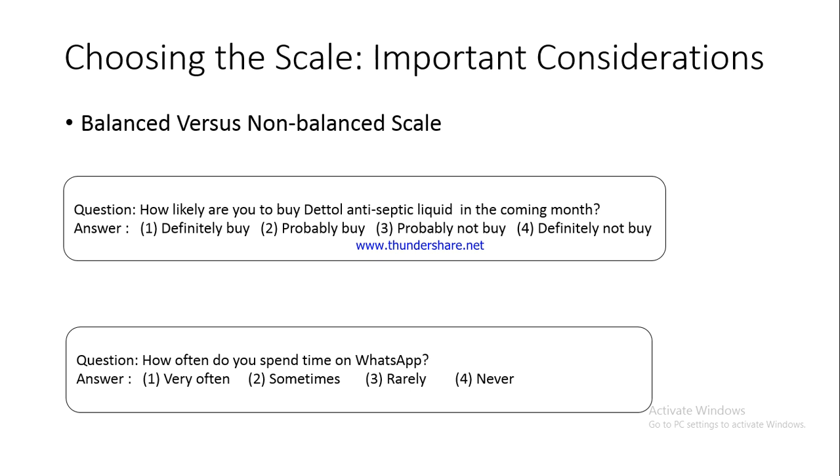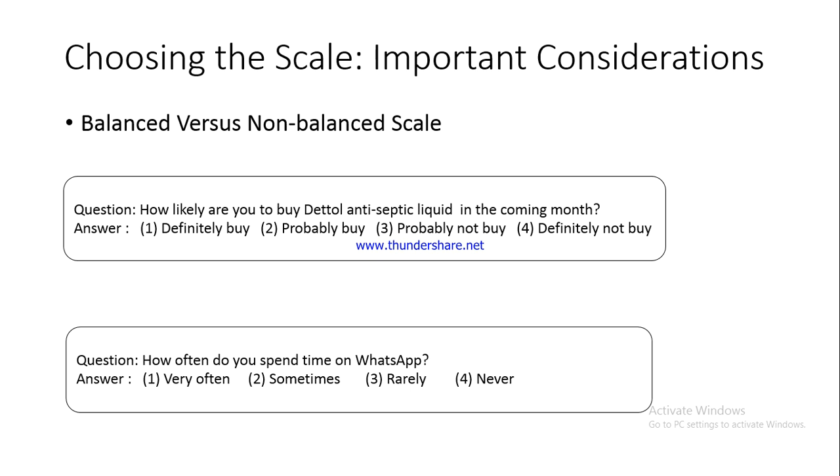On the other hand, the 4th response choice, never, means that he does not spend time on WhatsApp. Now as far as the positive response categories are concerned, there are basically 3 of them: very often, sometimes, and rarely. All of them show that the respondent does spend time on WhatsApp, while the 4th category shows that the respondent does not spend time on WhatsApp.